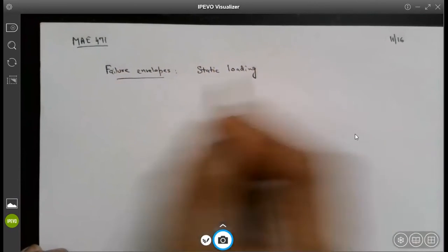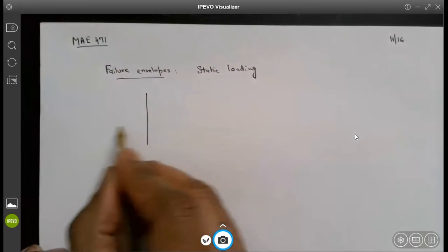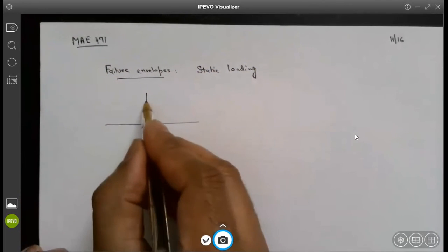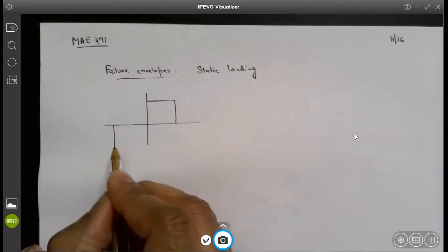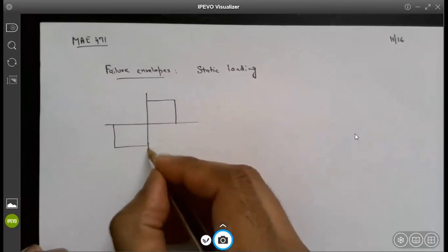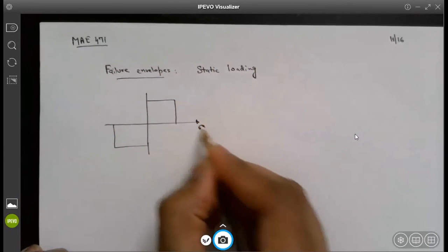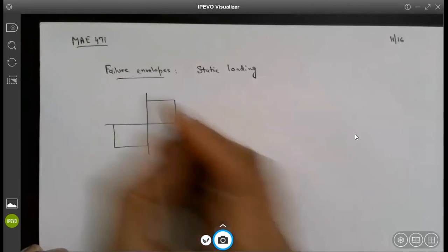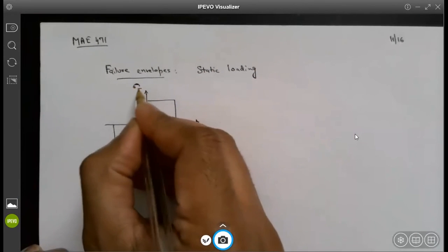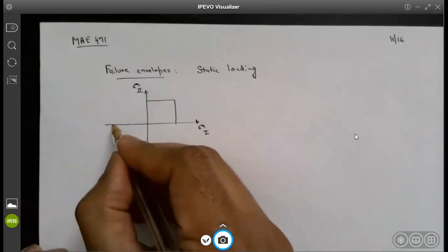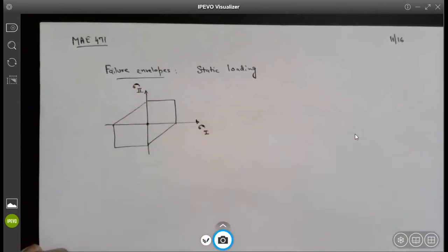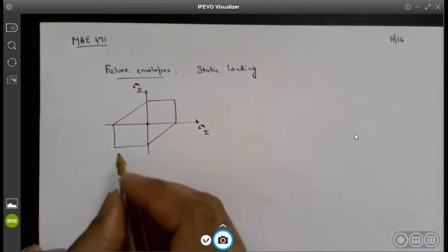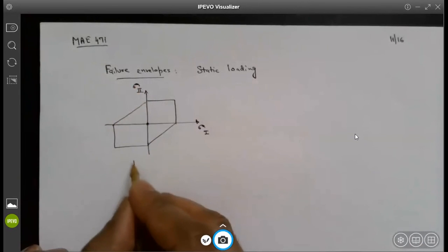One is for Tresca criteria, which goes like a square in the first and third quadrant. These are your principal stresses. And then you have a straight line on the second and fourth quadrant. So this is a failure envelope for Tresca criteria.